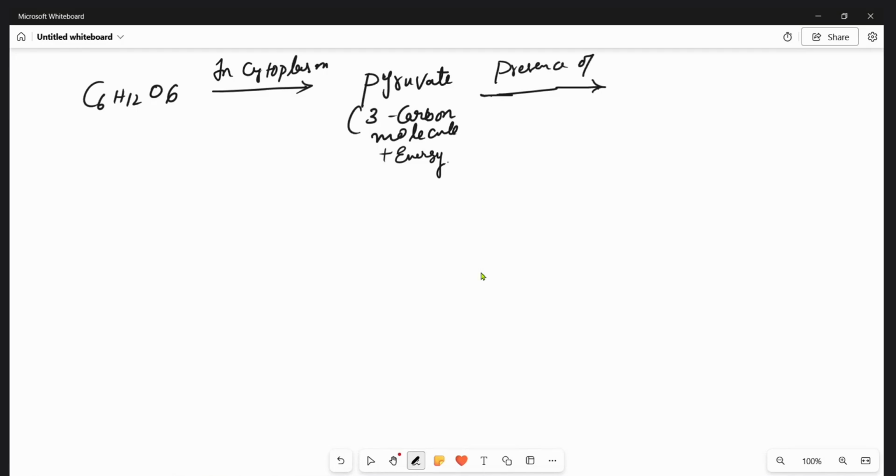In the presence of oxygen, we get carbon dioxide plus water plus energy. Next one, glucose.